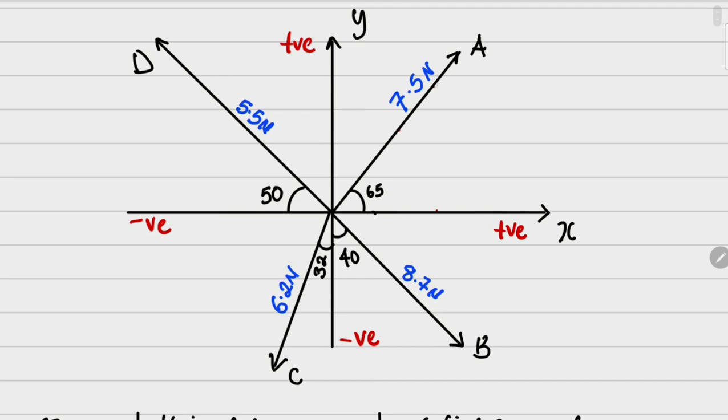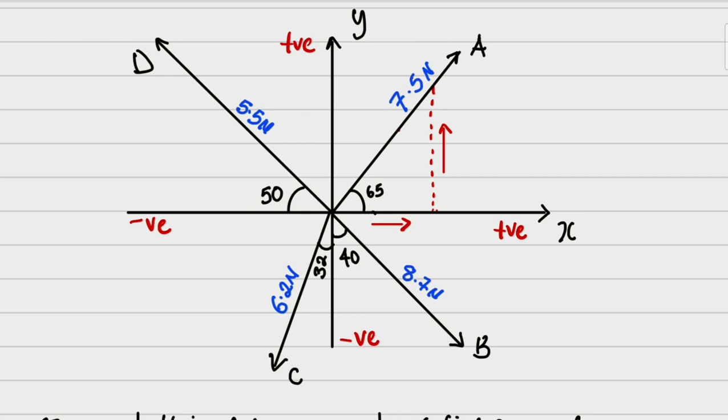Now if you check in A, if I decide to draw a vertical like this, then I will have both the horizontal component, which is this, and the vertical component, which is this. Now how do I do that? We use the knowledge of SOHCAHTOA.